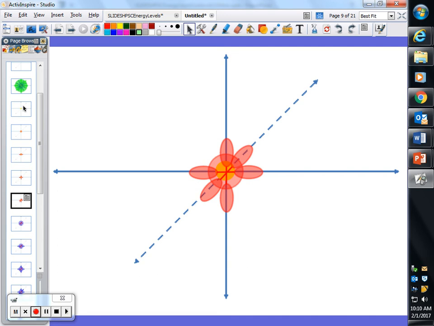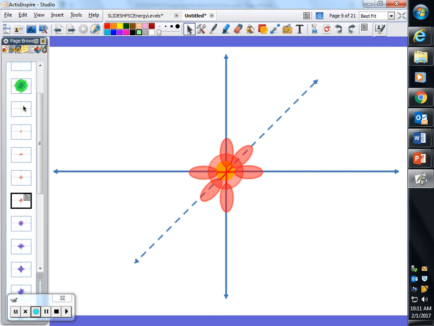Think about it this way. If we were really using our analogy of an address, the principal energy level would be like the city that you live in. A lot of the houses in Westlake are very similar, they have a similar quality.